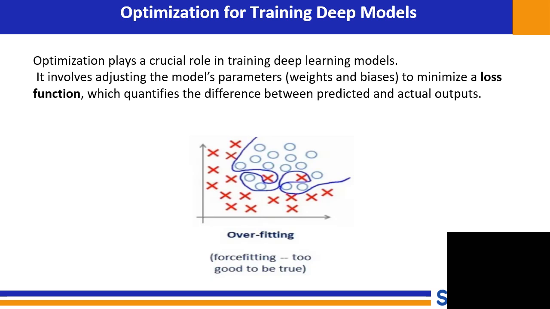So, what is optimization? Optimization plays a very crucial role in training deep learning models. It involves adjusting the model parameters to minimize a loss function which quantifies the difference between the predicted and the actual output.